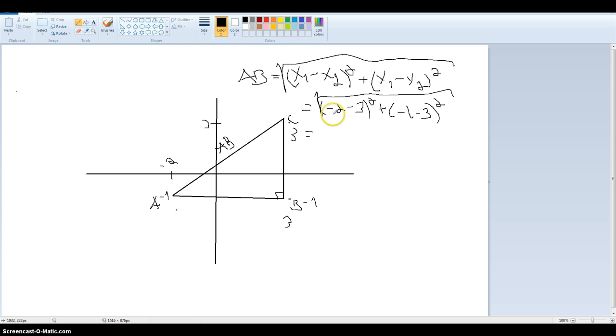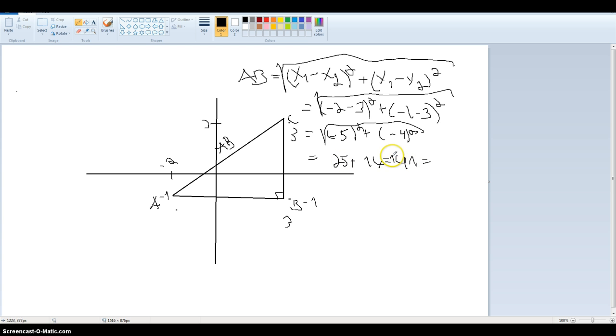And if we calculate this, -1 minus 3 is -5, plus -1 minus 3 is -4, square root. If we calculate those powered by 2, it is -5 multiplied by -5, two negatives give one positive, result is 25, plus -4 squared is 16, and that would be 41.